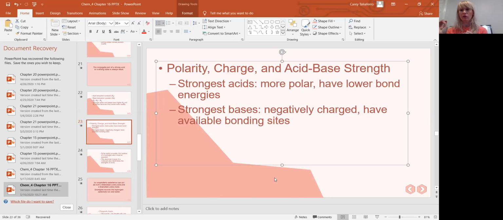You have bromine, which is very electronegative compared to hydrogen, pulling those electrons towards bromine. And so that hydrogen is very easily able to be donated, and that's why it makes it such a strong acid, because those hydrogen ions are ready to go, because they're not being held tightly, because the electrons are shifted towards the fluorine atom.